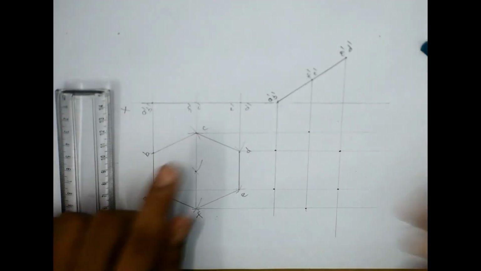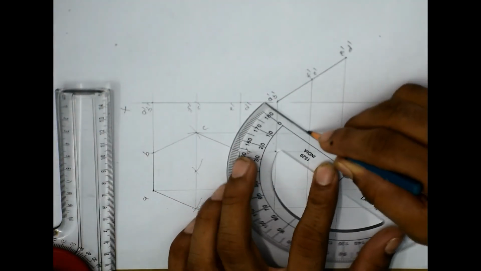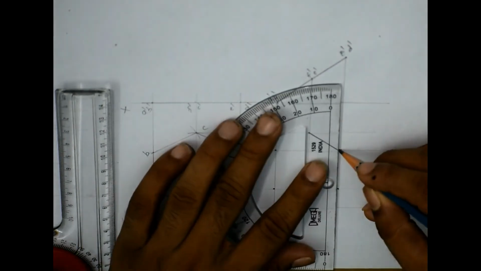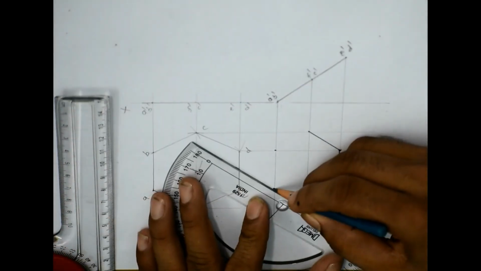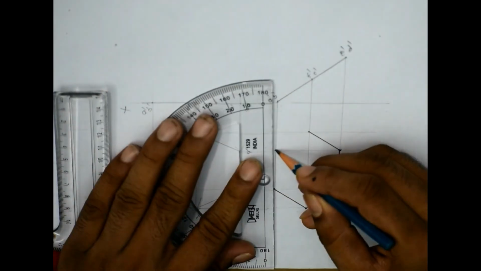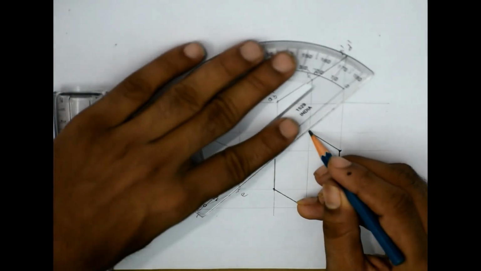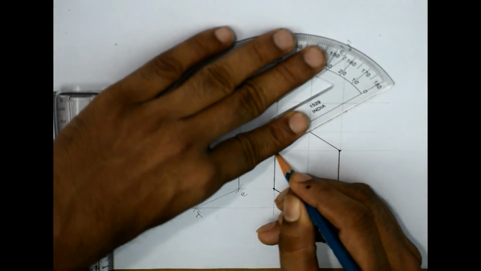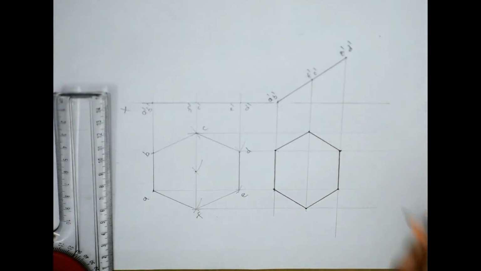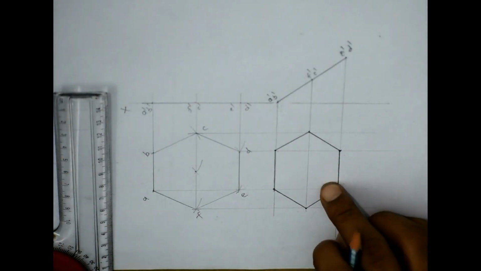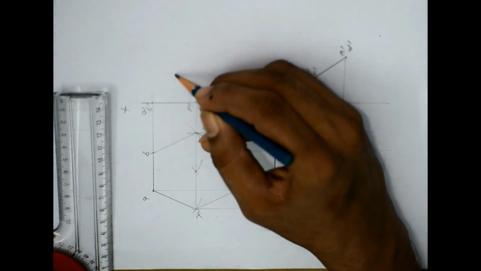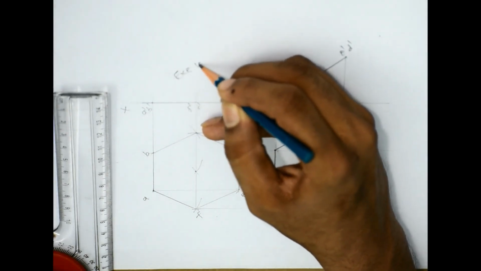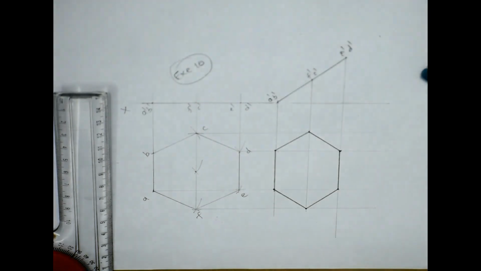In this fashion you will easily get a shape of a contracted hexagon. This is the contracted hexagon. This is the final top view of our given figure. So this was our exercise number 10. Thank you.